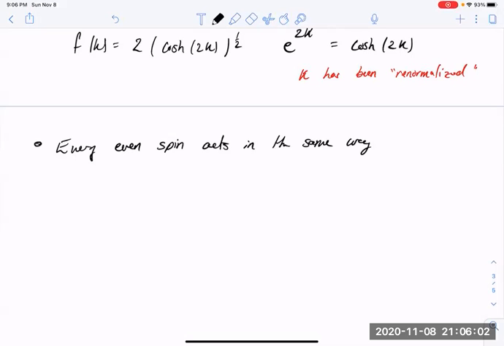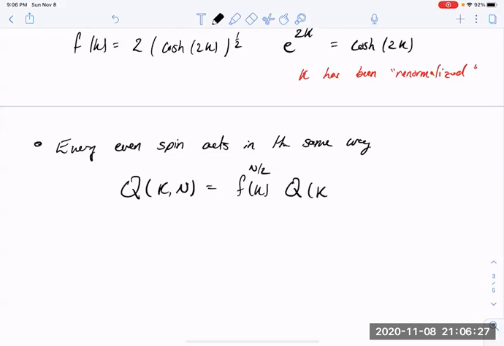Which means that we will get a partition function for the original k and the original number of spins that is now equal to n over 2 factors of f of k times a partition function with a new coupling constant k prime of half of the spins we started with.